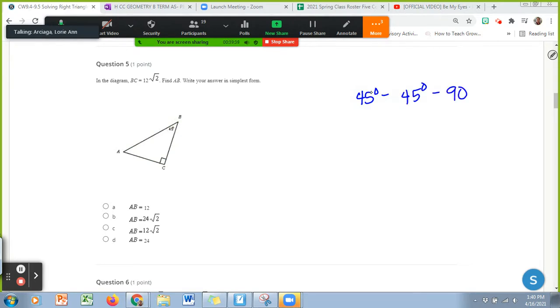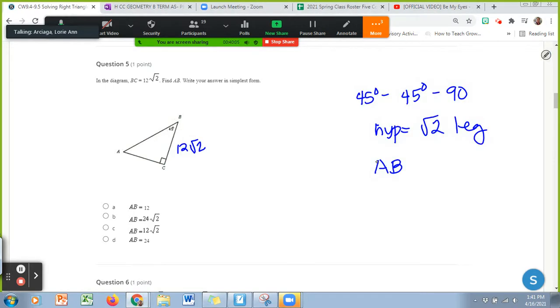So remember, the always thing you gotta ask yourself, what kind of triangle do I see? Because normally, once you've answered that, that gives you the formula that you need. So what's the formula for 45 90 triangle? Hypotenuse is radical 2 times the leg. Now your BC is 12 radical 2. So this is BC. Now you need to find AB, which is x, which is the hypotenuse.